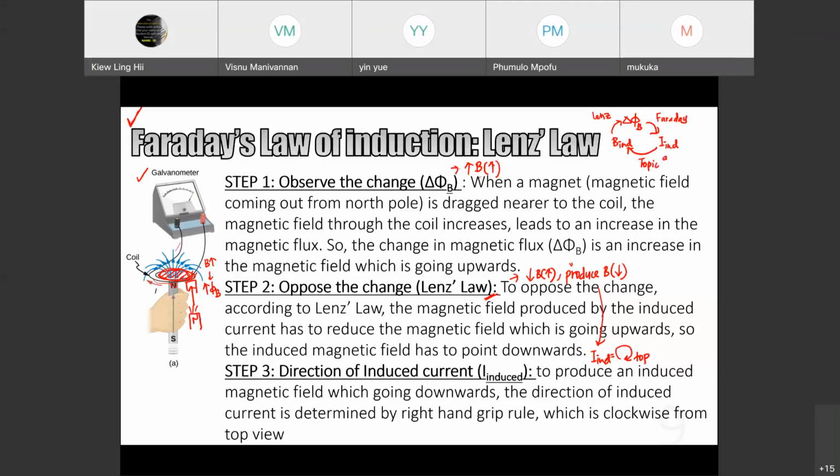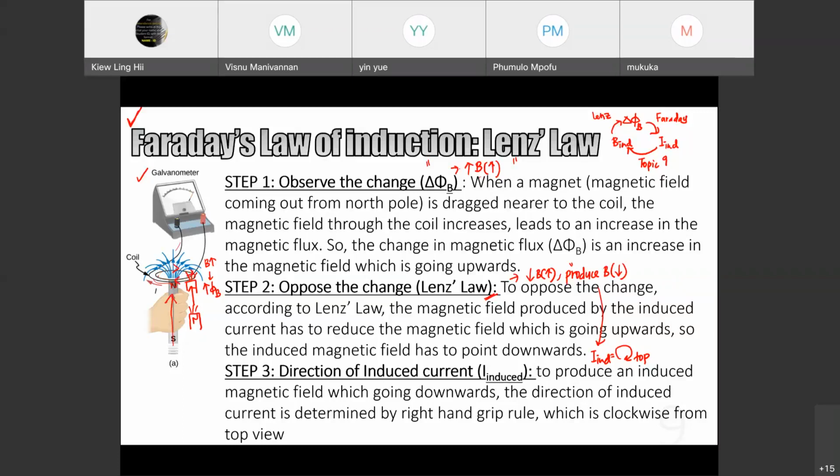Okay, so now I would like you to look at this example. When your magnet is being dragged upwards, the direction of induced current inside the coil is moving clockwise from the top view, like this.